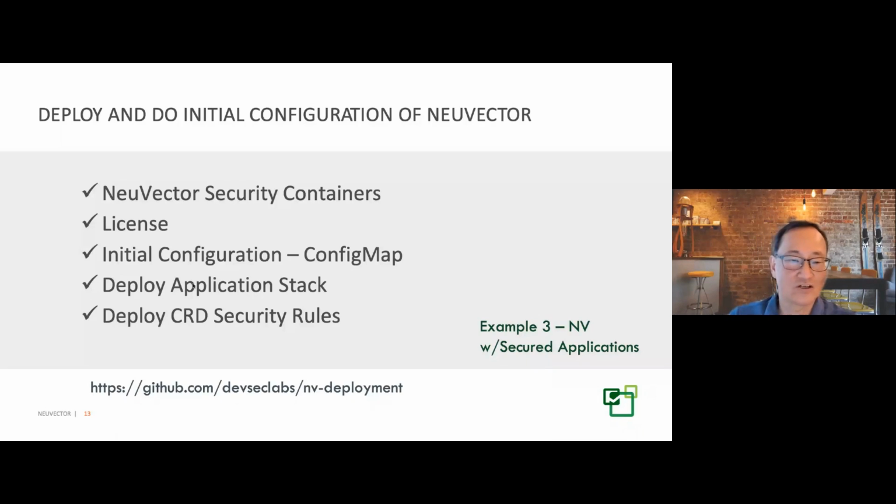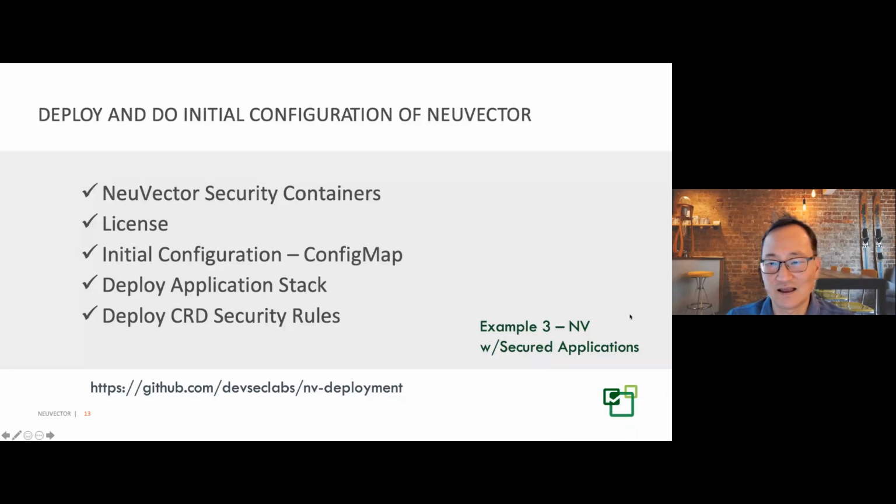But what we're going to do is we're going to show that before you deploy your application stack, you really need to deploy those security policies that we talked about that are going to define what that application is allowed to do, what kind of behavior is it allowed, so that anything else can be monitored for suspicious activity.